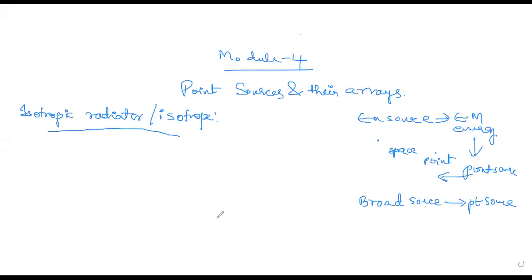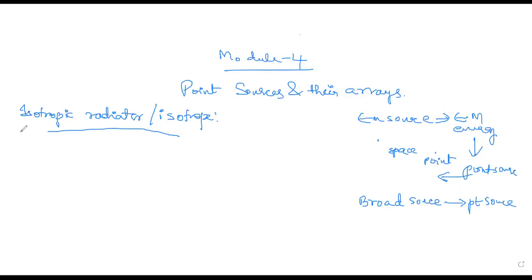So that is a broad source. The aeroplane is a broad source. But if you see that aeroplane at a larger distance, it can be considered as a point source. So a broad source can be considered as a point source when the distance of observation is large compared to the physical dimension of the source.